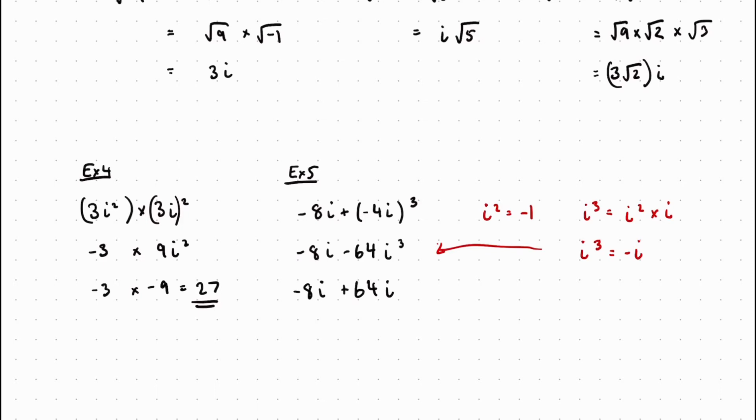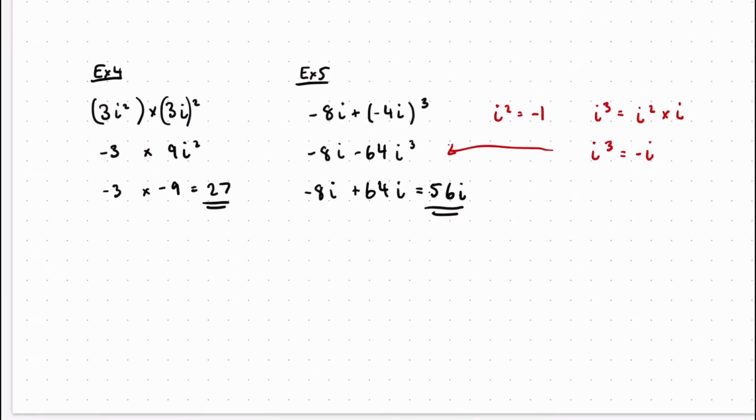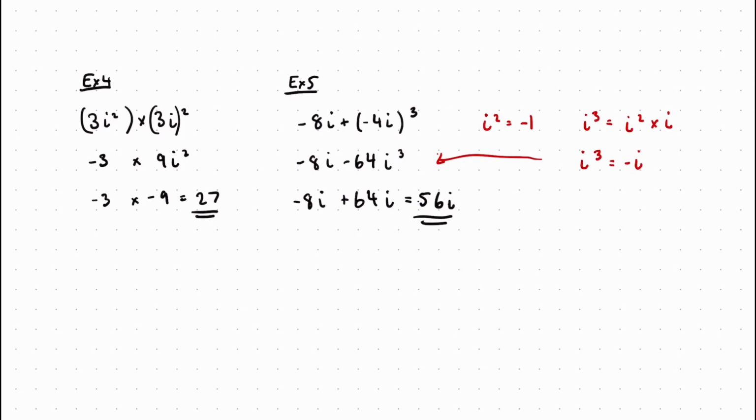And then minus 8i plus 64i is 56i. So that's how you can deal with that question. Knowing what i becomes with different powers is all about thinking about i squared being minus 1, and then thinking about the minus 1s times the minus 1s, which we'll see in another question in a second.